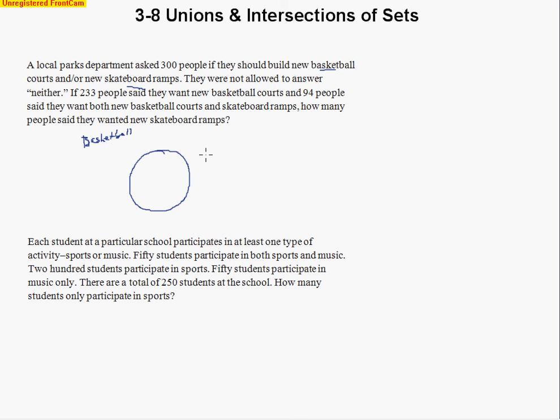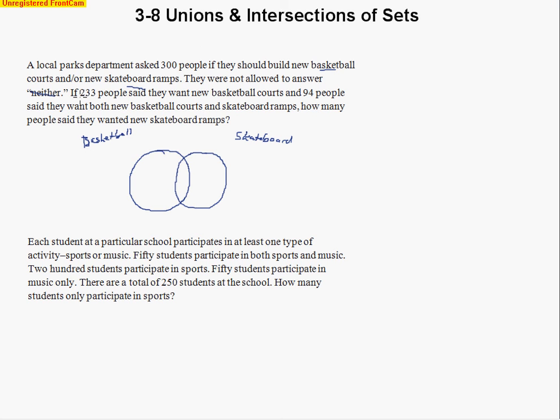And then the other circle is going to represent the skateboard ramps. And then it says they were not allowed to answer neither. So they cannot answer neither. They have to say whether they wanted the basketball or the skateboard or both.